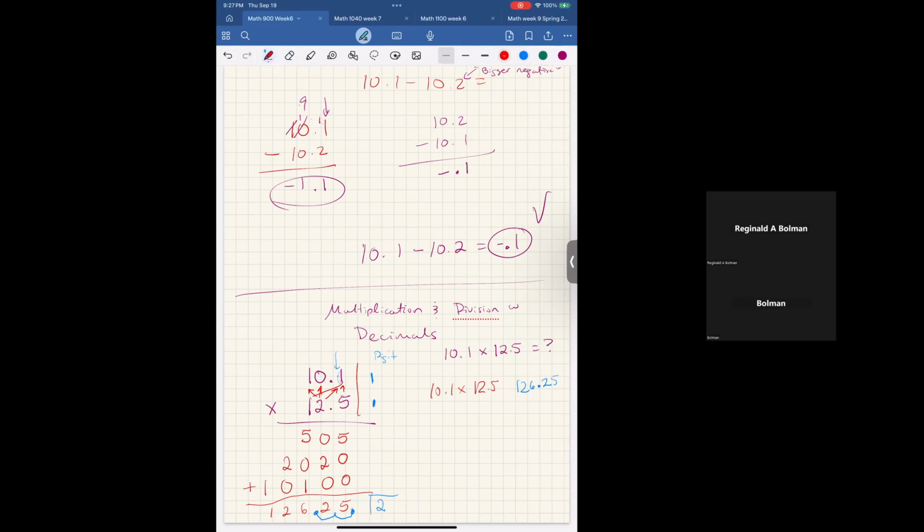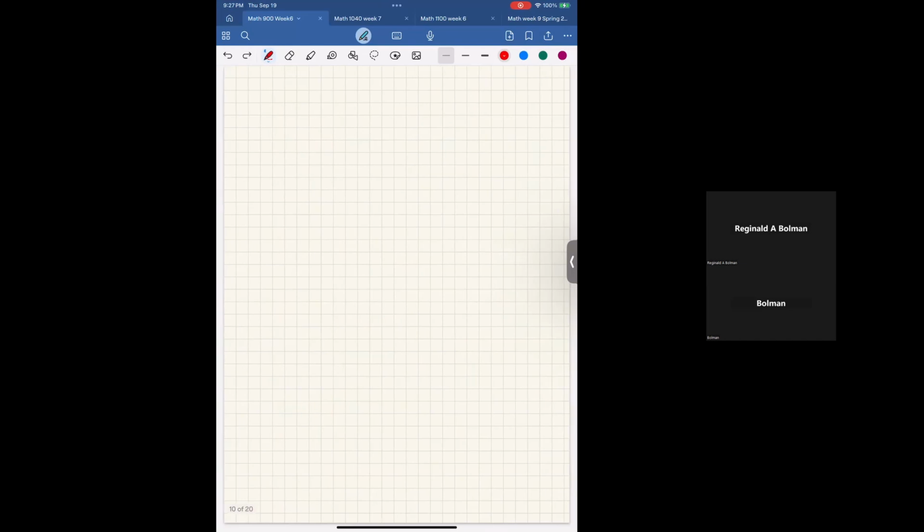Now, there is a reason why this adjustment works, and it has to do with multiplying and or dividing by factors of 10. So please note that whenever you take a number and you multiply by a factor of 10, it's almost like slapping an extra 0 on the back end of a given number.